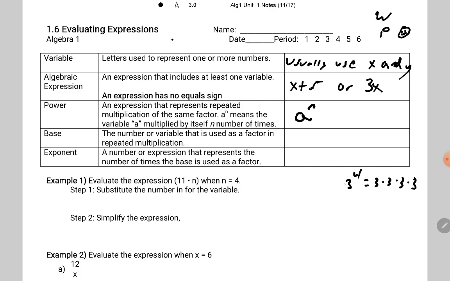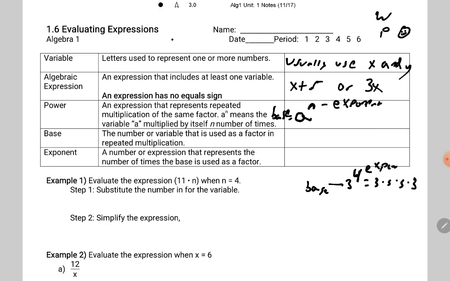This number here, I'm going to call it a. So this is the base. The power is n here. So in our example, 4 would be the power. Sorry, this is the exponent.